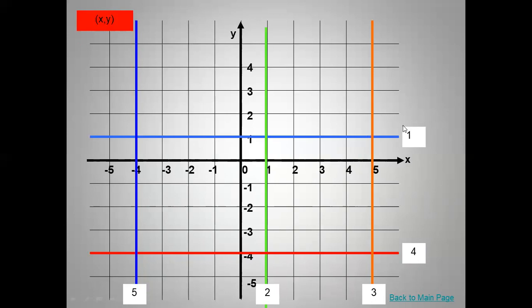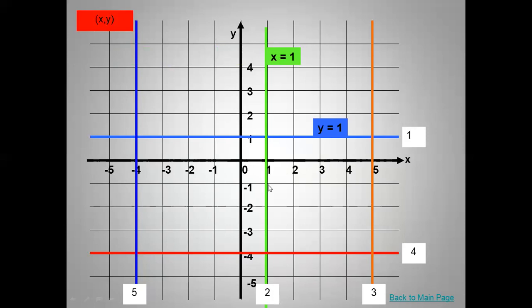It's a line that cuts the y-axis, so it's called y equals 1. Line 2. Does this line cut the x-axis or the y-axis? It cuts the x-axis, so it's called x equals the number that it cuts, which is 1. So it's called x equals 1.